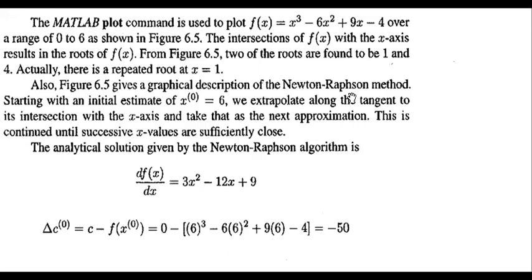Sometimes in the problem, it might be mentioned that you have to find the solution to a certain accuracy level, like 10 to the power minus 4. That means the error limit between input and output must satisfy that condition.